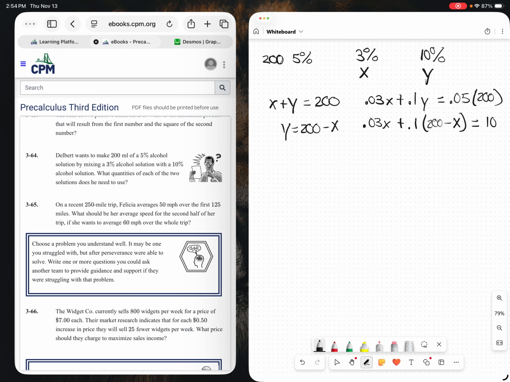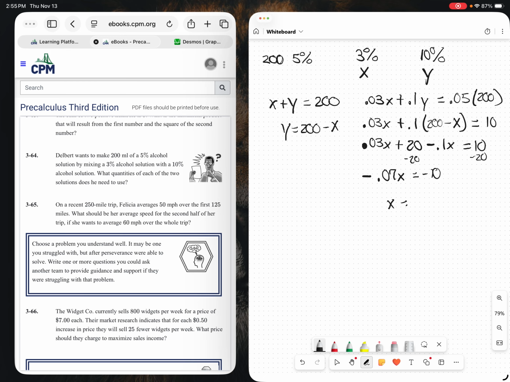Okay, so I have 0.03x plus 20 minus 0.1x. Okay, I'm going to add like terms. So this is a negative 0.07x. If I subtract 20, it's going to equal a negative 10.